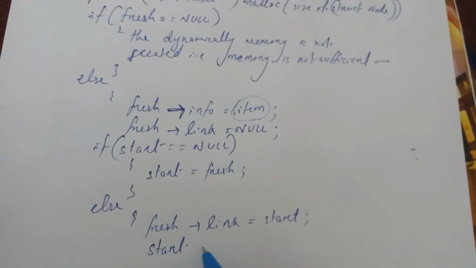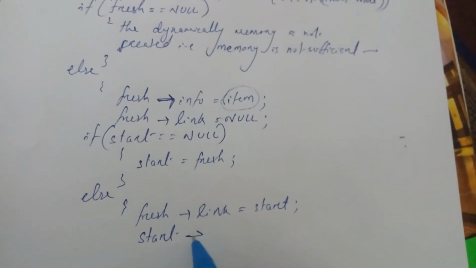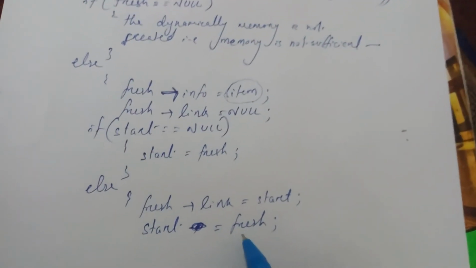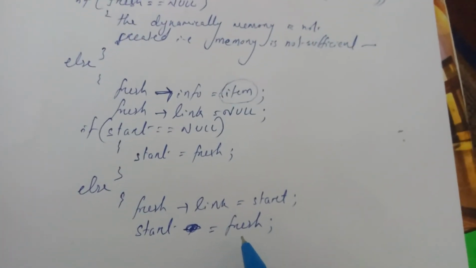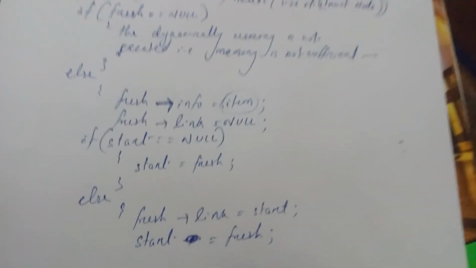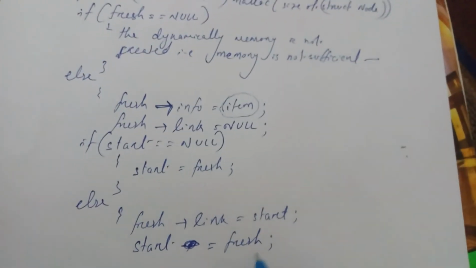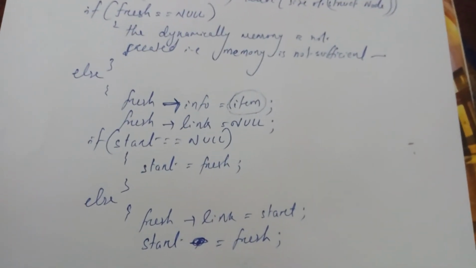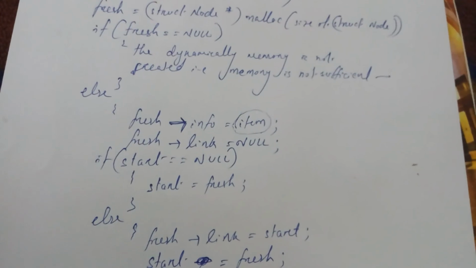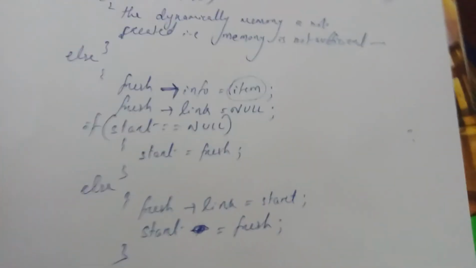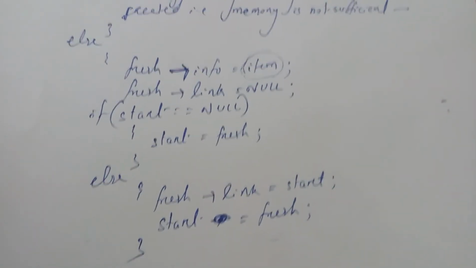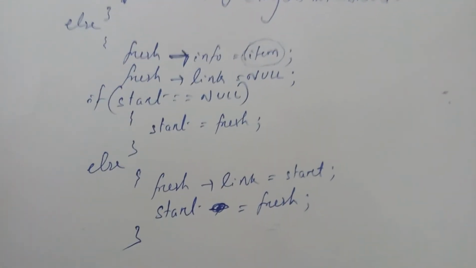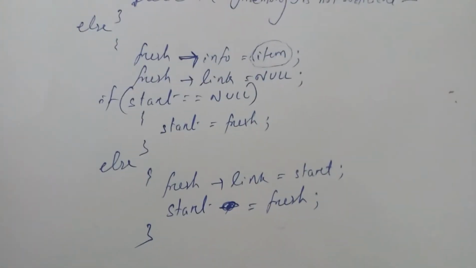Start will be equal to phrase. So phrase pointer has the address of the freshly created node, and that address value will go to start. Now in this way the node has been inserted at the beginning of the single linked list. Thank you. In the next class we'll see other operations.